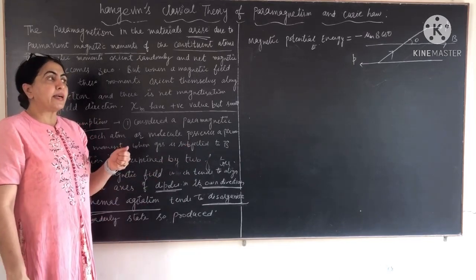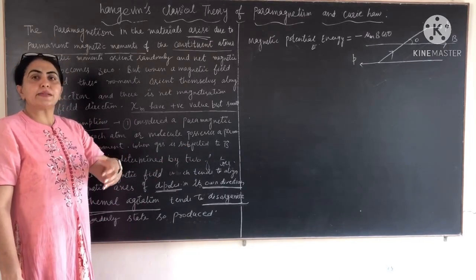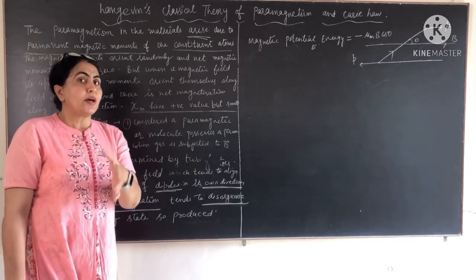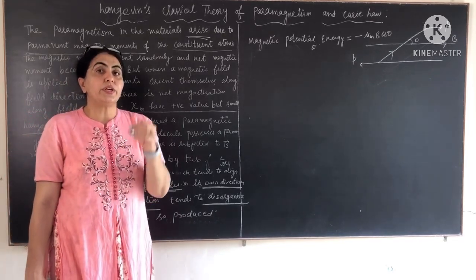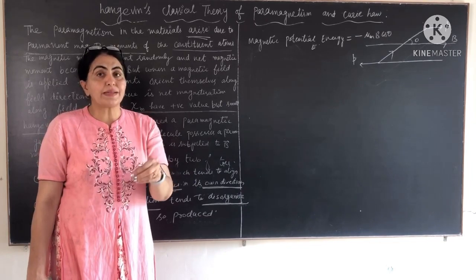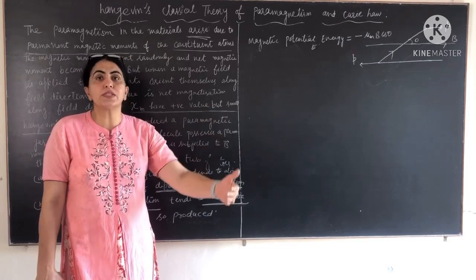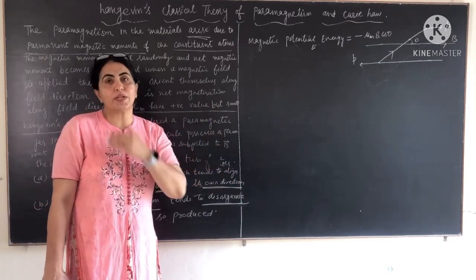Paramagnetism in these materials arises, please pay attention, due to the presence of permanent magnetic moment in constituent atoms or molecules.